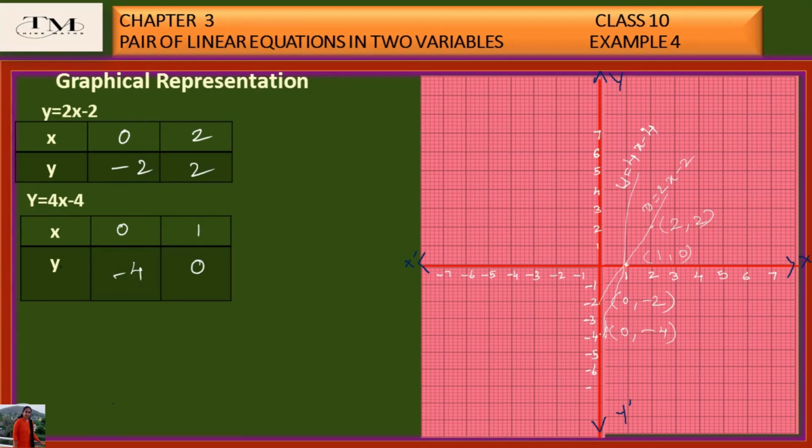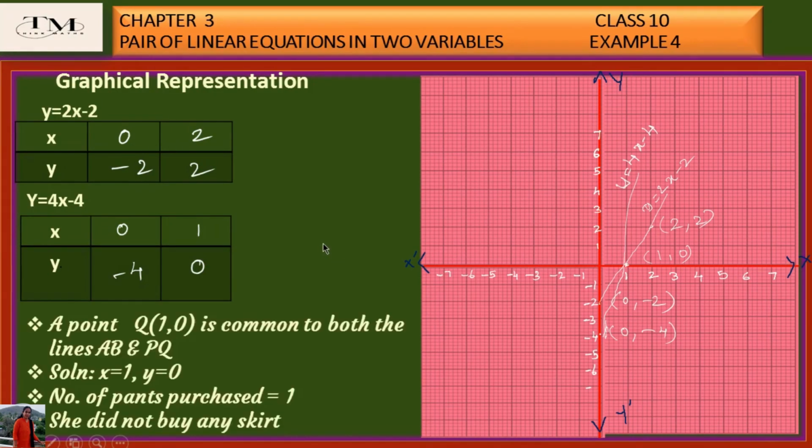If we check both the lines, they meet at the common point 1 comma 0, a point Q. Let me mark the values: this is A and B, and this is P and this is Q. Both the lines meet at Q of 1 comma 0. So we have the solution: x is equal to 1, y is equal to 0.